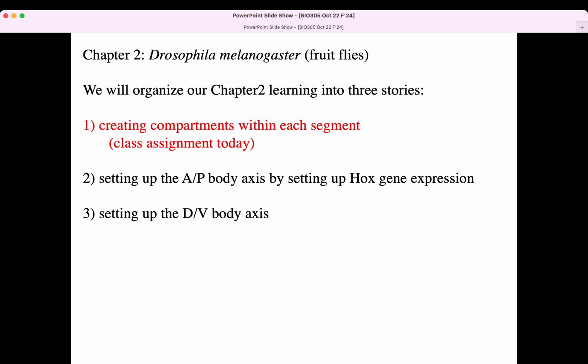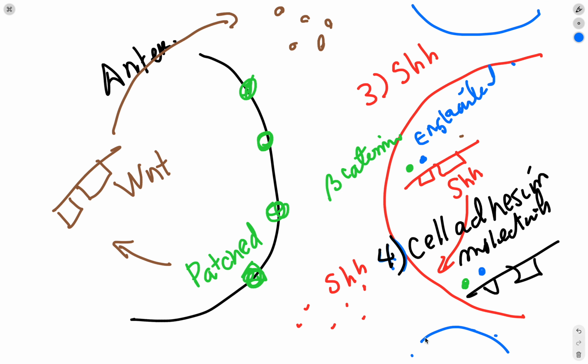Oh, there's one more we want to add. So where are we at with our cell adhesion molecules, like number 4 or 5? 4. So let's add a 5, and 5 is another gene on our list called decapentaplegic, but we're just going to call it DPP, and it's going to be expressed in the posterior.